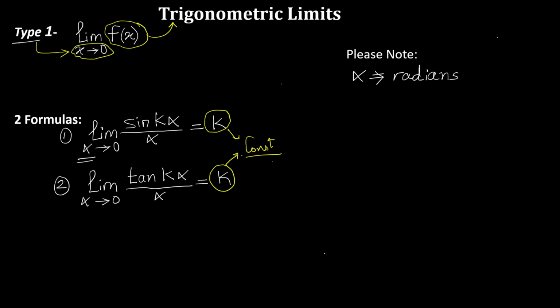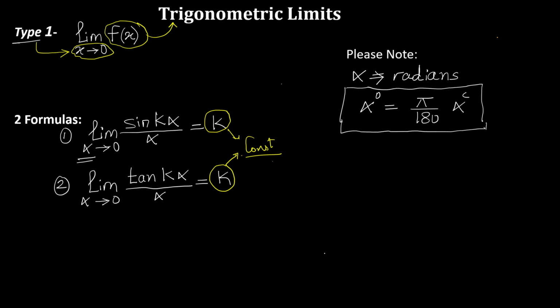And if it is not in radians by any chance, and it's in degrees, we will use this conversion. Alpha degrees is equal to pi over 180 alpha radians. In order for converting this from degrees to radians, we will be using this formula, but it's very important that alpha has to be in radian while using this formula.